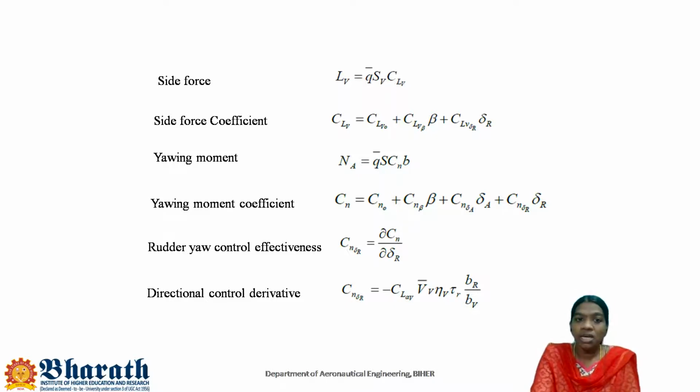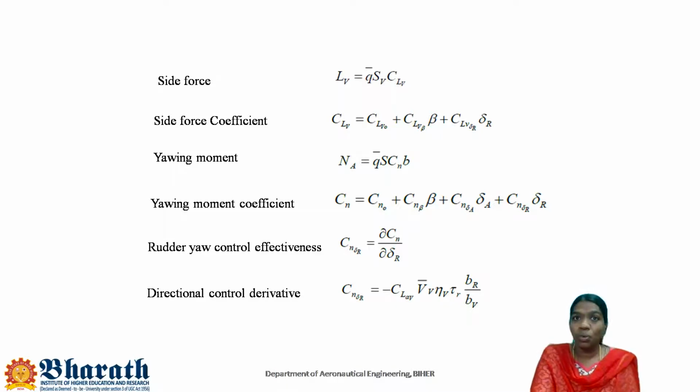And of course, similar to the vertical tail lift coefficient, the yawing moment coefficient is also a function of the aircraft configuration Cn0, the side slip angle beta, and the rudder deflection delta R. In addition to that, it also depends on the aileron deflection.